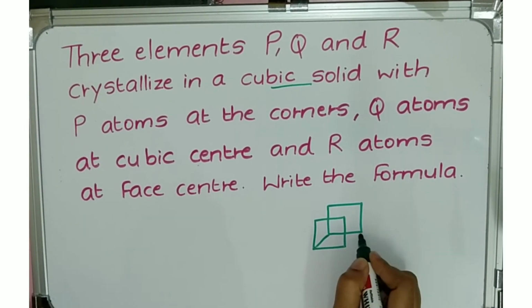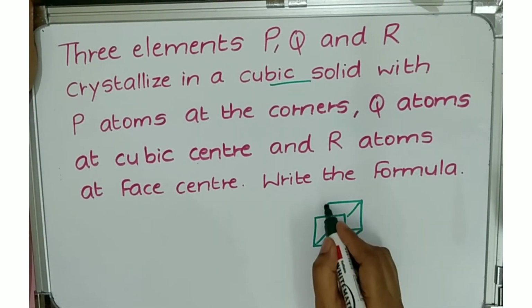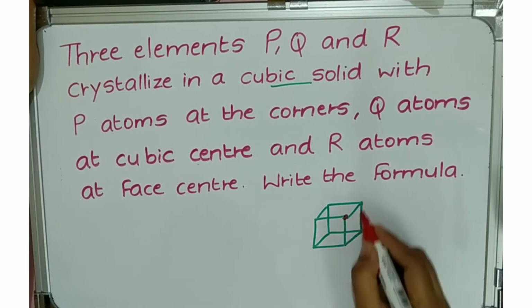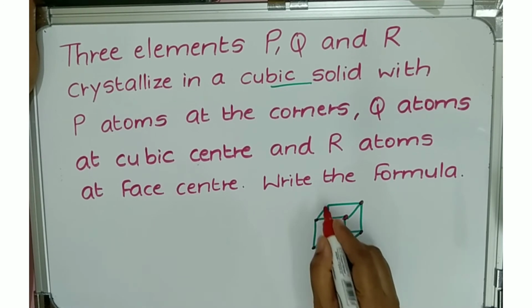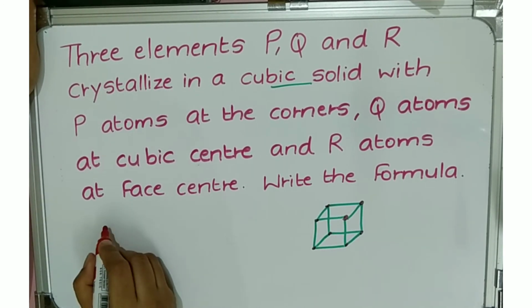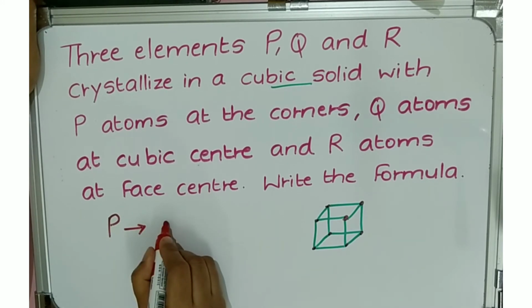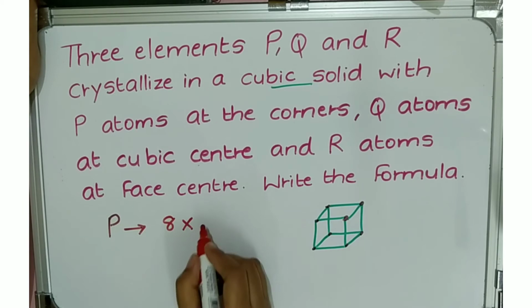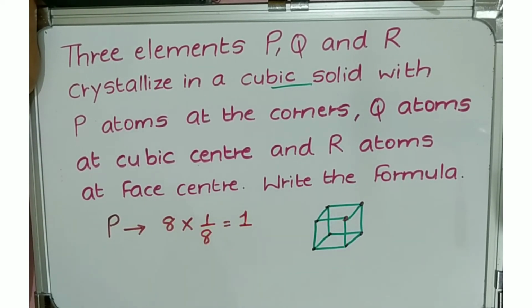So P atoms are present on the corners. So I'll write the formula. P is present at the corners means there are 8 corners, 8 atoms, and contribution of each atom is 1 by 8, which is equal to 1.